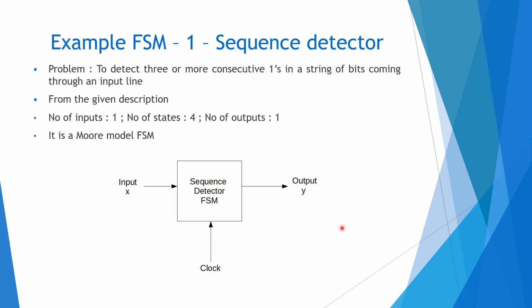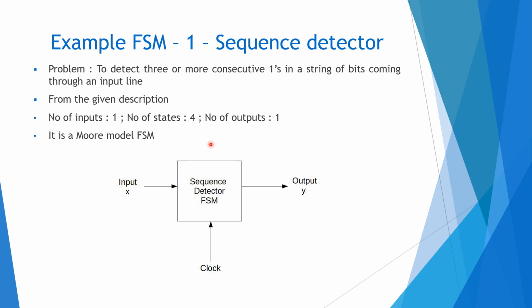From the given description, number of inputs is 1, number of states is 4, number of outputs is 1. The number of states is 4 because the first state is a standby state where it stays. If there is a 1 it goes to the next state, and if there is another 1 it goes to the next state, and with another 1 it goes to the next state.